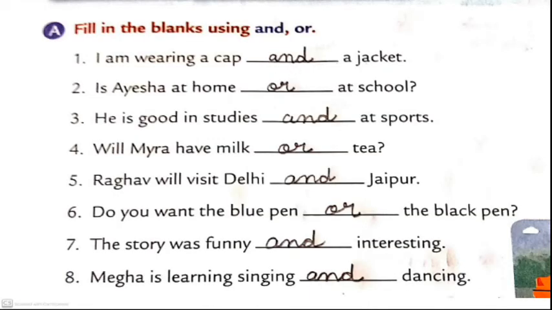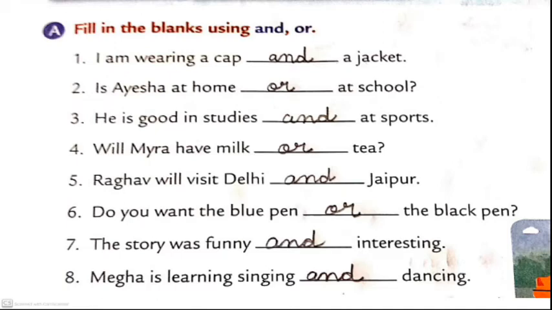Fill in the blanks using and or. So students, here you have to read the sentences and then by using the joining word and or, you have to fill the following sentences. So keep this in mind.